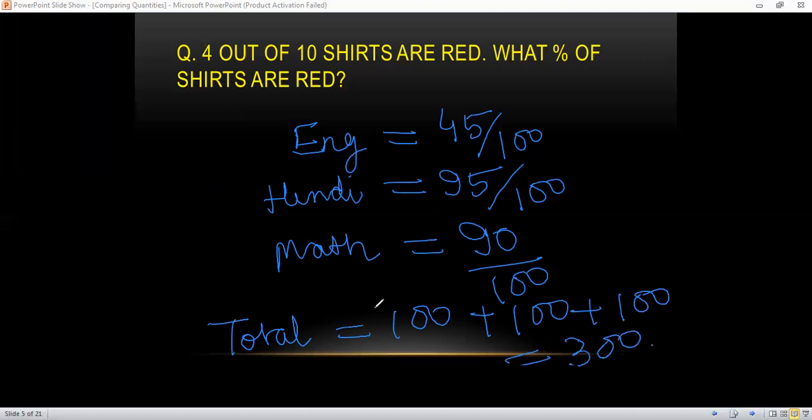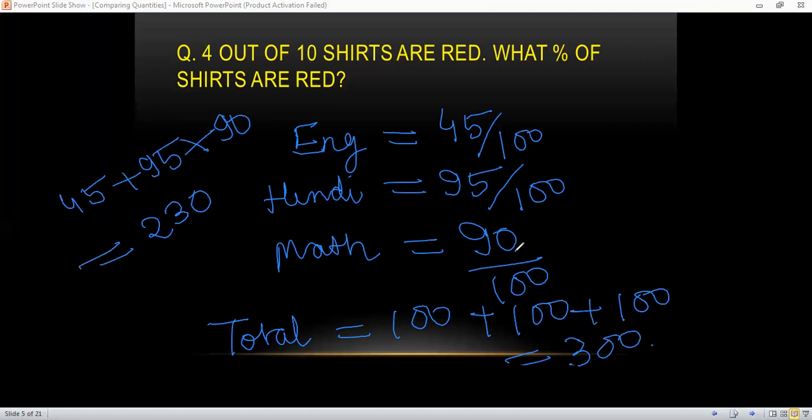And the numbers you obtained per subject are 45 plus 95 plus 90. So you add all the numbers and we get 230.